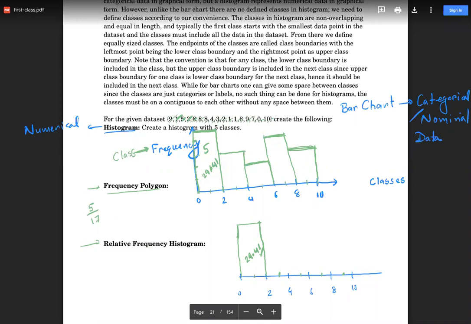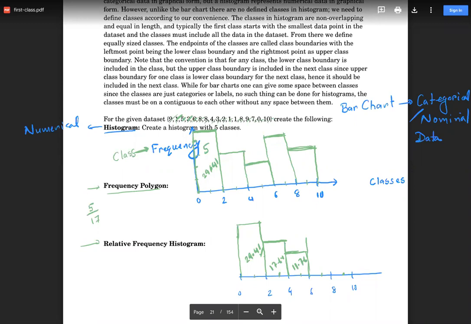Now you do the same thing, okay? Here, next one is 3, and the corresponding percentage is going to be 3 divided by 17, which is 17.64%. Okay, the next one is 2, right? 2 divided by 17, that's going to be 11.76%. And the next one, was it 4?